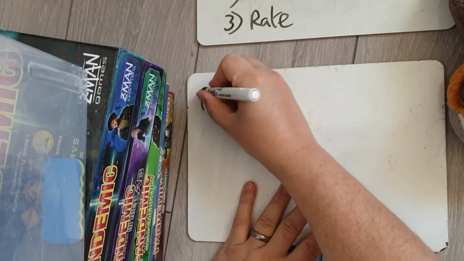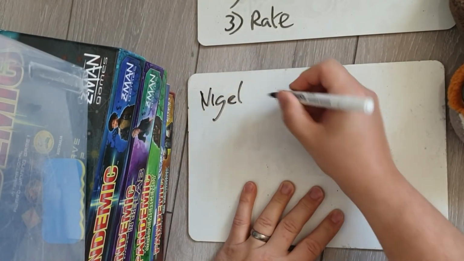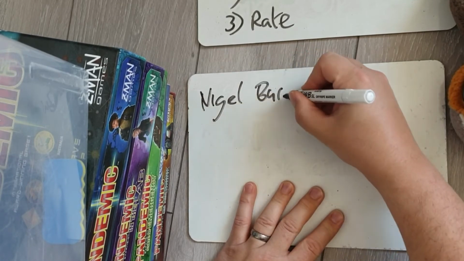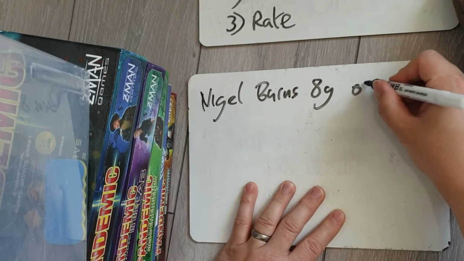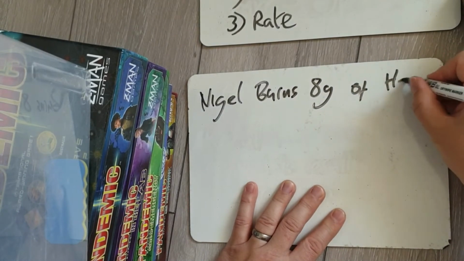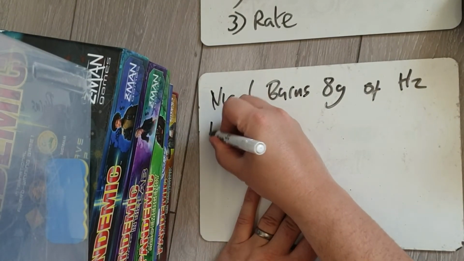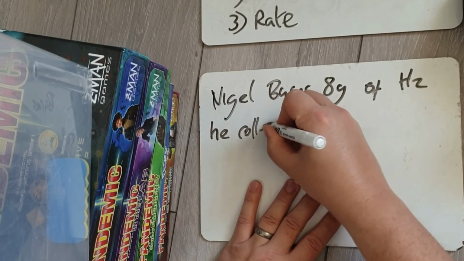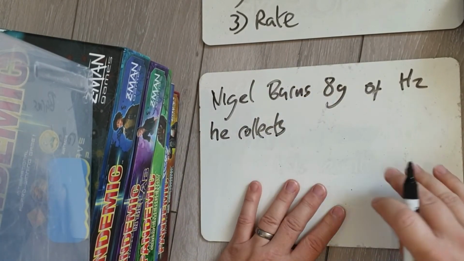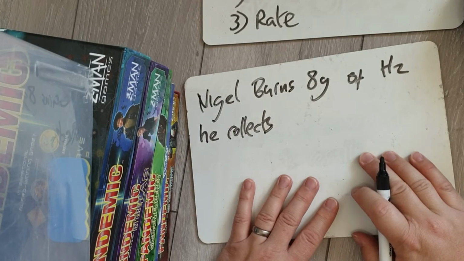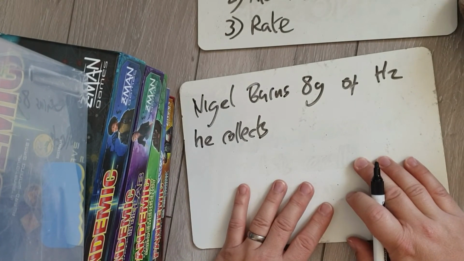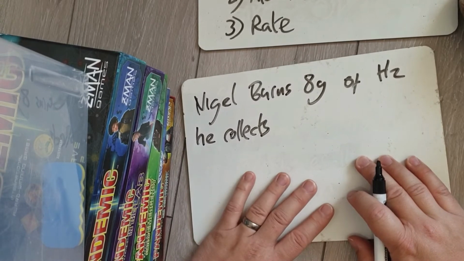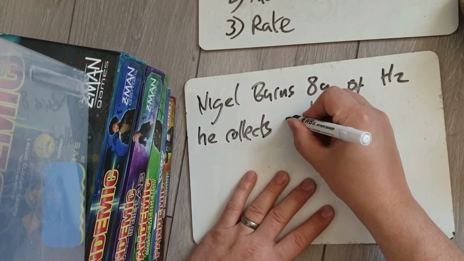So, Nigel burns 8 grams of hydrogen, H2. He collects, just to try and make the numbers easy, I'll go with 36.